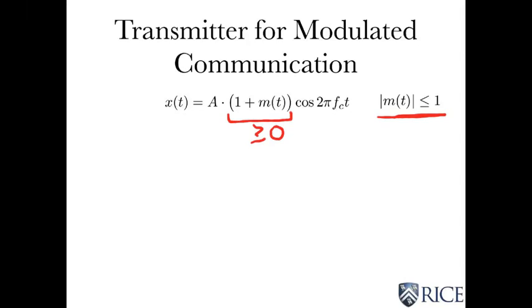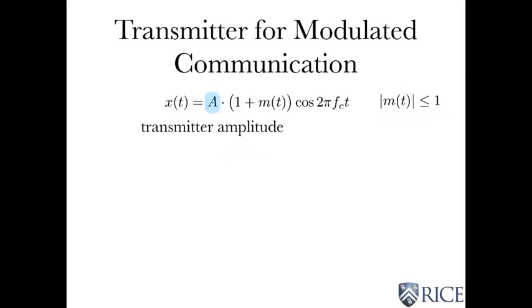Now the reason for this has to do with there are some receivers that require that this be a positive quantity, but not all. But in order to satisfy everybody, most amplitude modulation systems do this, adding this offset and then scaling the message accordingly.